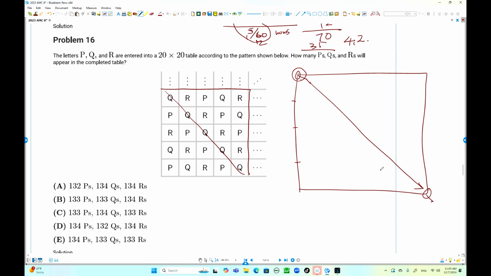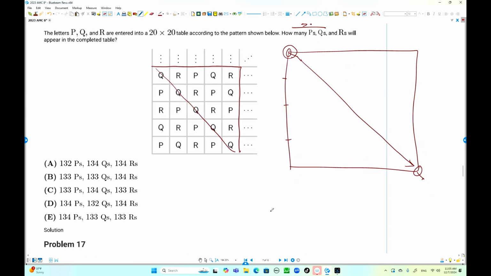But take a look over here. This one looks like, what is that? Diagonal, right? In this diagonal, check out how many P's are there. 1, 2, 3, 4, 5.